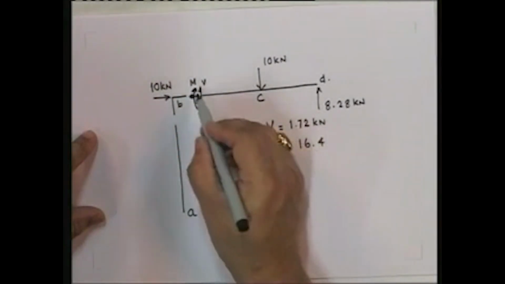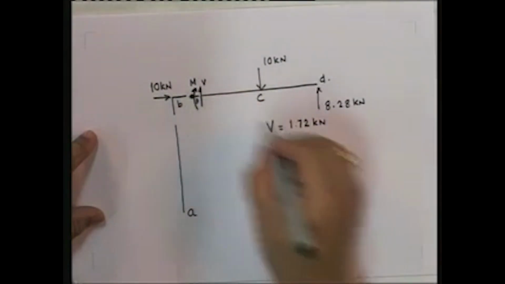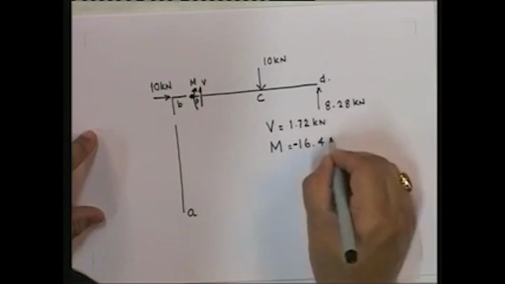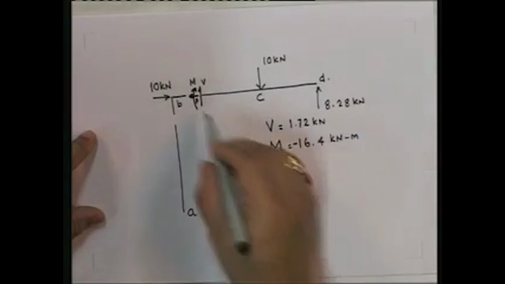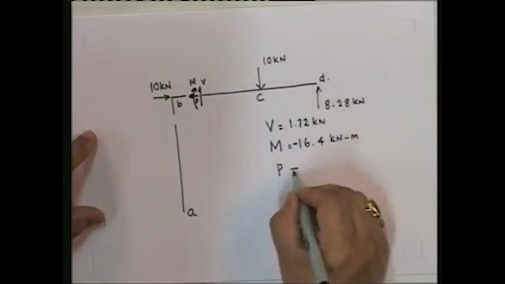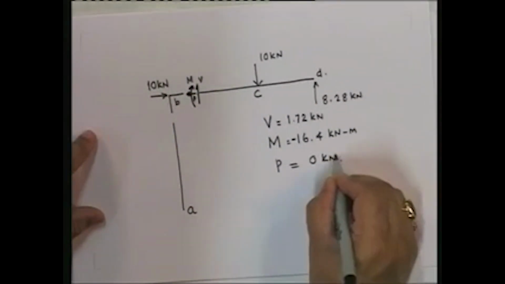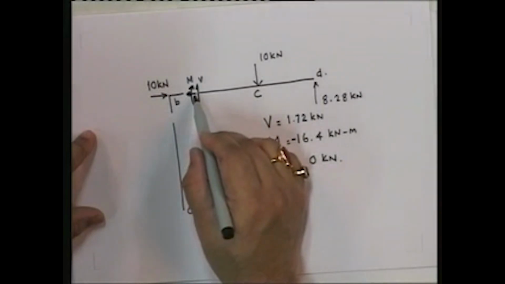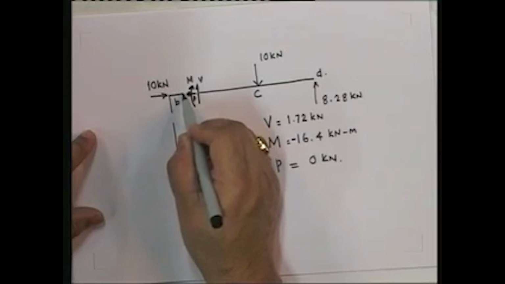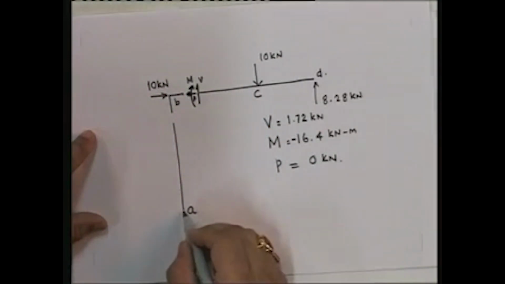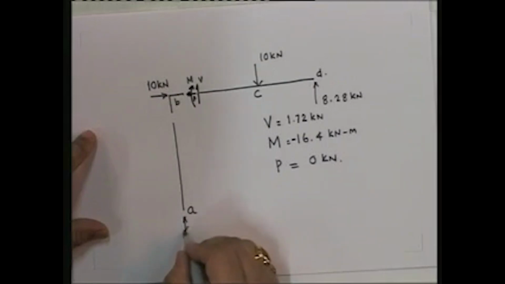So the net moment is actually going to be, if I'm showing this way, minus 16.4 kilonewton. What can we say about P? Take sigma Fx equal to 0, you will see it's 0 kilonewtons. So I found out the forces here. Once I find out the forces here, just the opposite ones are going to be coming here. Now let me take this one. This one, I know all the reactions that are coming here.